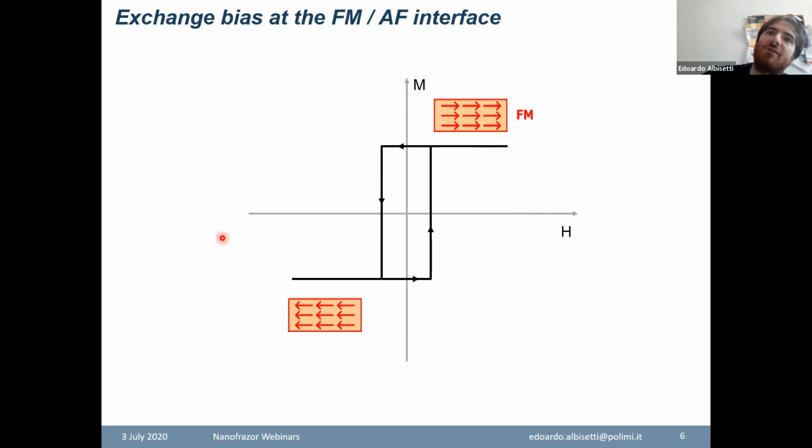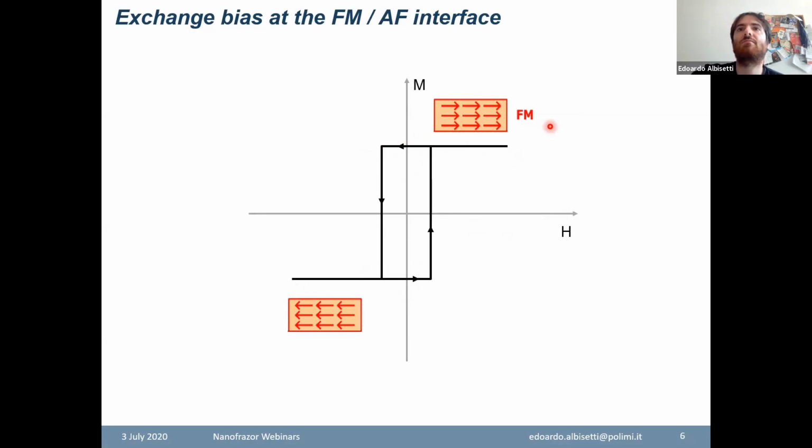Then you go in the other direction and you reverse the spins. But as you can see here, you have two different states at zero external field, which means that, depending on the history of the field that you apply, you have two different remanence states, because the loop is centered around zero.